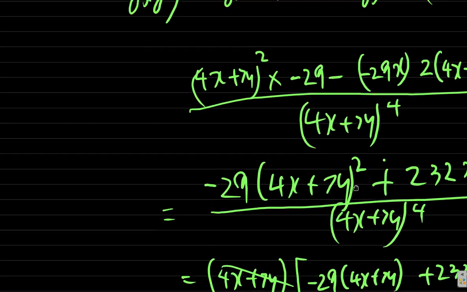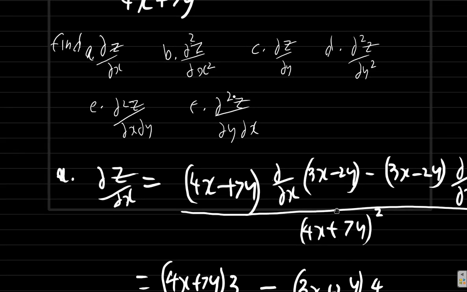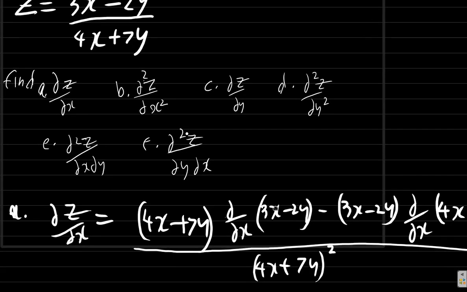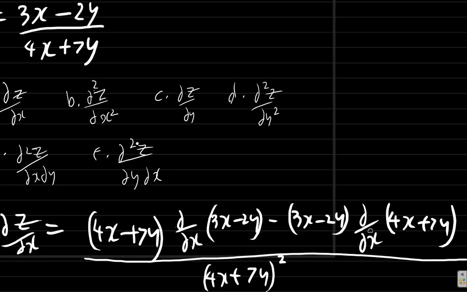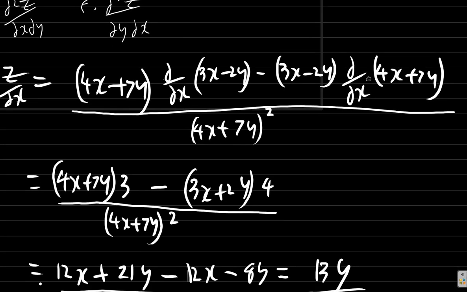Now, let's check it over and see what happens here. Delta z by delta x: hold the bottom times differentiate the top with respect to x, minus hold the top times differentiate the bottom with respect to x, over the bottom squared.